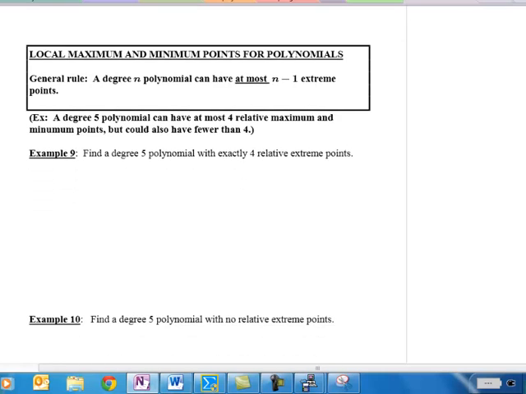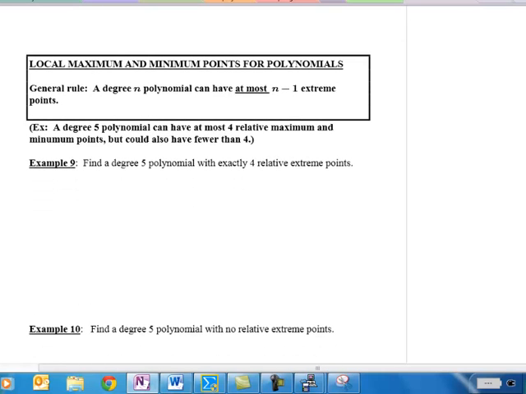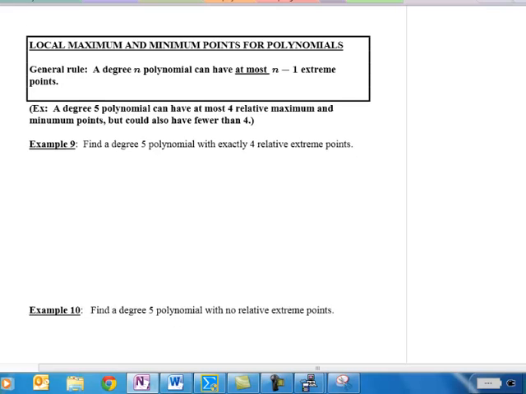Okay, and then this is just a fact about the number of turning points a polynomial graph can have. So the rule says that a degree n polynomial can have at most n minus 1, so 1 less than the degree, extreme points or turning points as the book calls them.